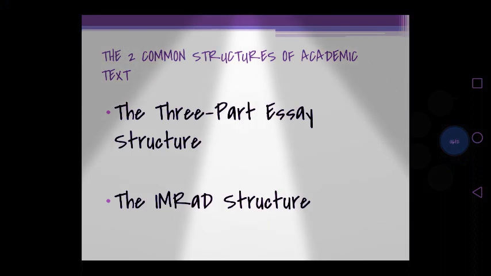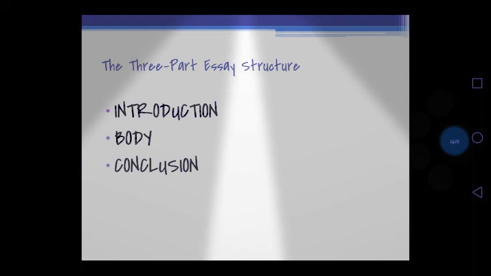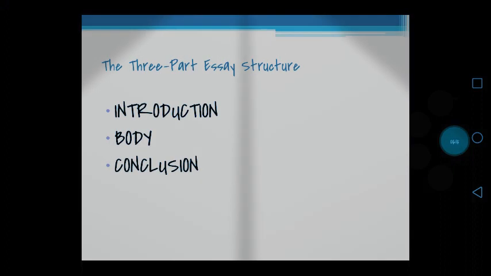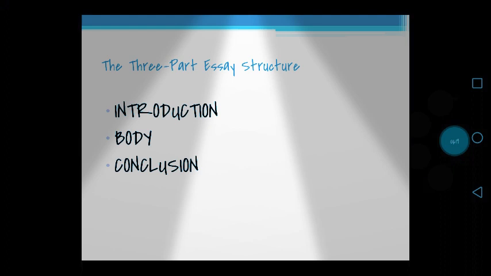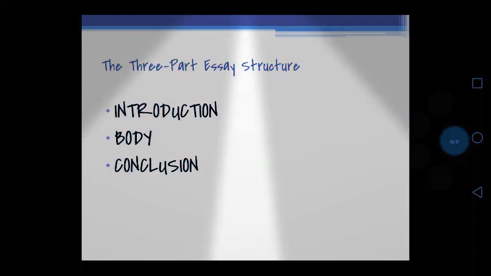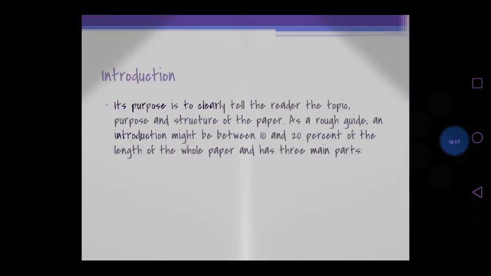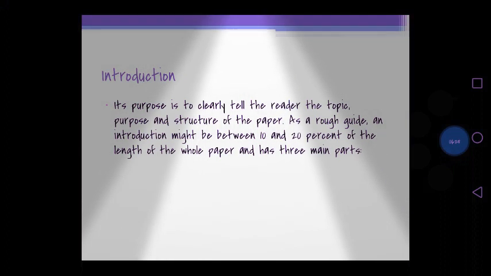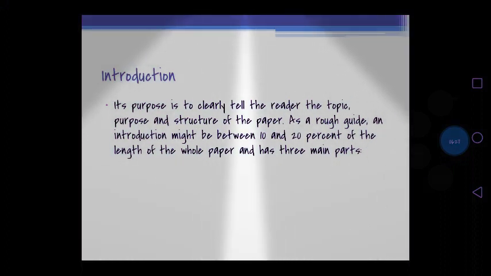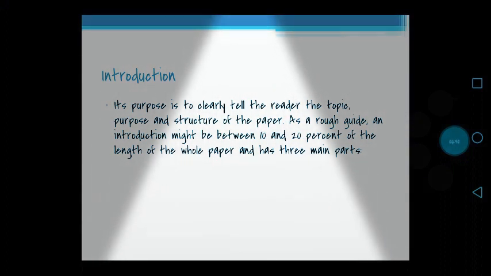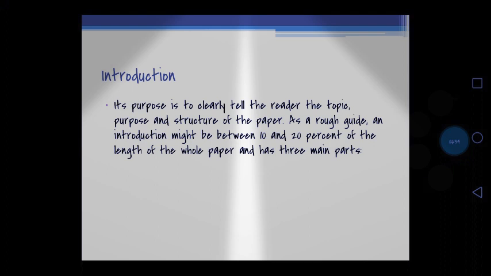First, let us define the three-part essay structure: the introduction, the body, and the conclusion. What is the introduction? Its purpose is to clearly tell the reader the topic, purpose, and structure of the paper.